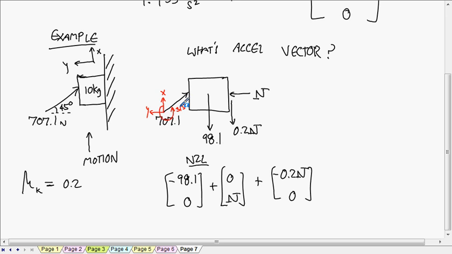So 707.1 times cosine of 315 is positive 500. 707.1 times the sine of 315 is negative 500. And then this is all equal to the mass times a, 0.